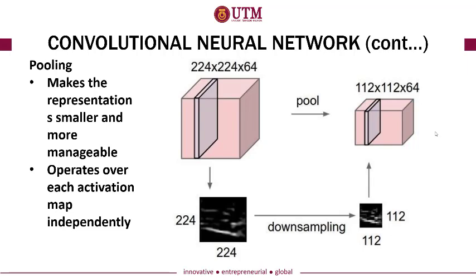It operates over each activation map independently. Again, it is subsampling, and another word for subsampling is downsampling. You are reducing the size. Let's say this is the output of the previous convolutional layer, and by applying a pooling layer, you reduce the size.